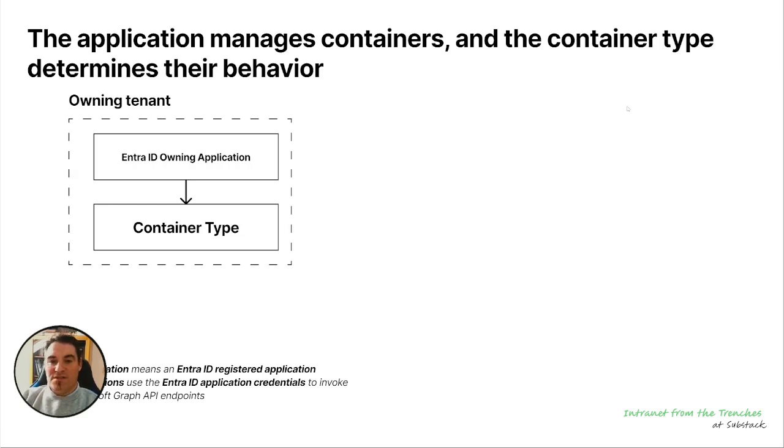So the first thing that we have to do if we think of a SharePoint Embedded solution is to create a container type and an owning application. And both of them will live in what we call the owning tenant. Remember that here we are talking about the Entra ID owning application, not a specific application, a UI, a web app or a desktop application, but the registered application in our Entra ID environment.